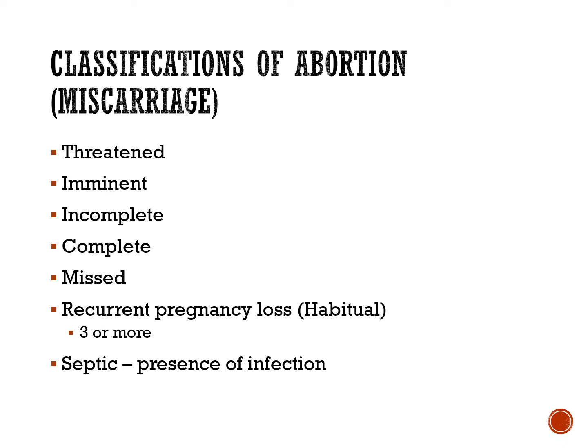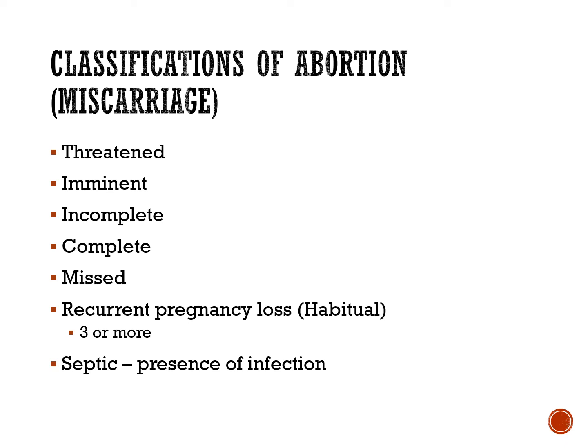You're not going to have any bleeding. There's no symptoms of this pregnancy having changed, other than, sometimes, you may have lessened pregnancy symptoms because those hormones are dropping. You'll have some brownish discharge, but they're not going to have really any other signs.